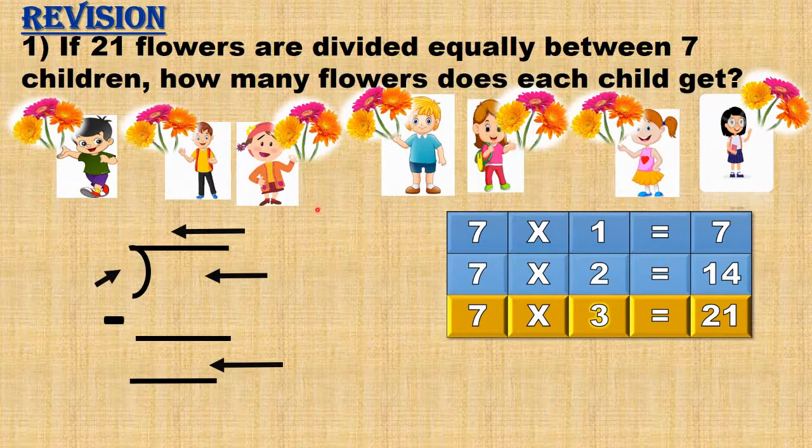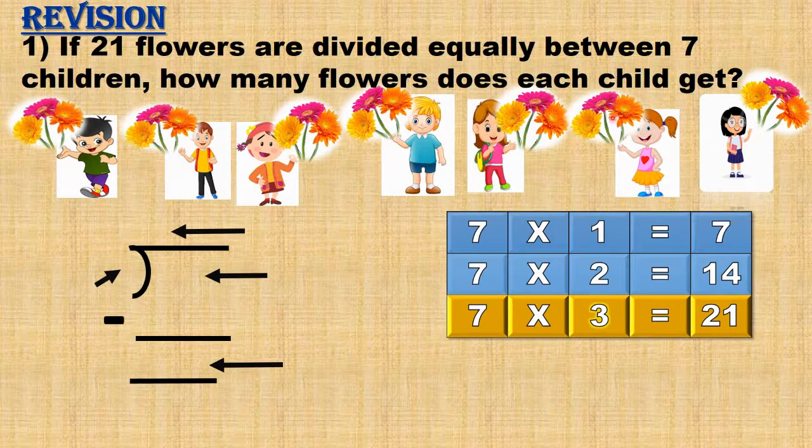I have brought 21 flowers from the market and I will distribute these flowers to 7 children equally. There are 7 children, so I will give each one 1 flower. So 7 flowers I have given.